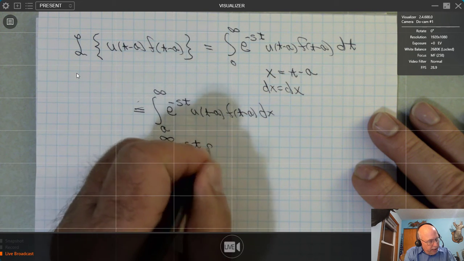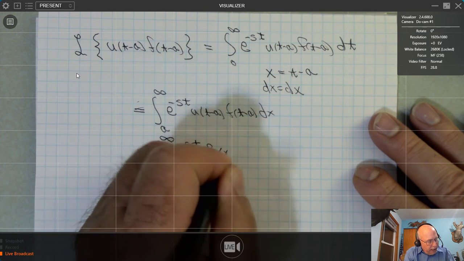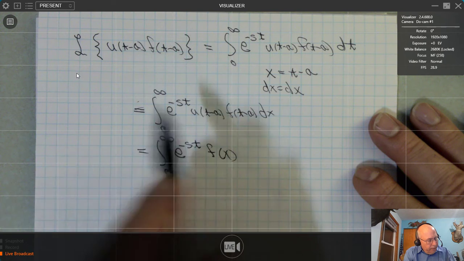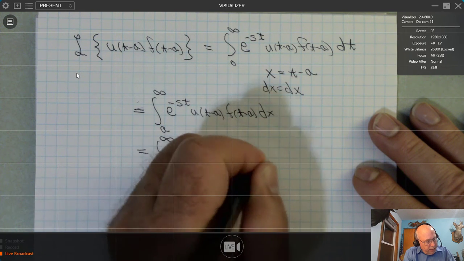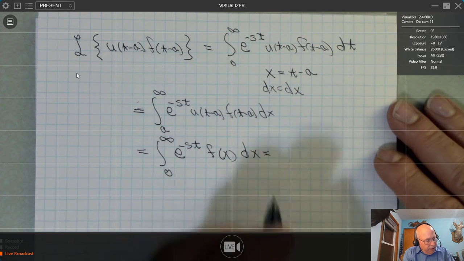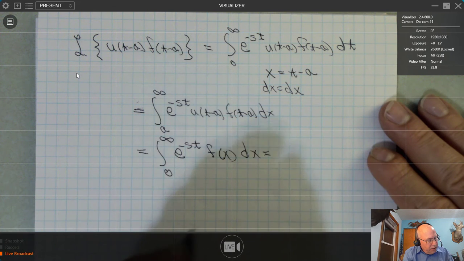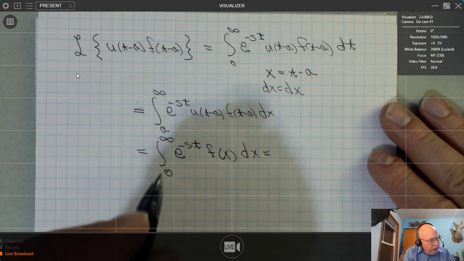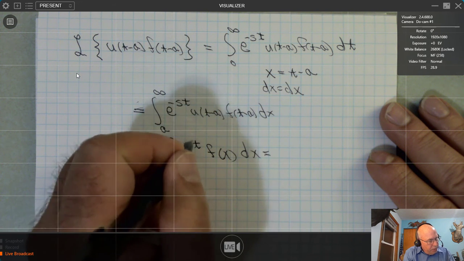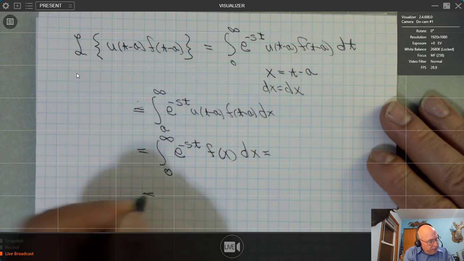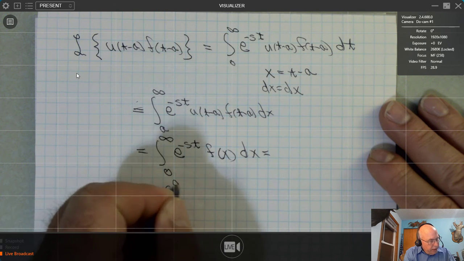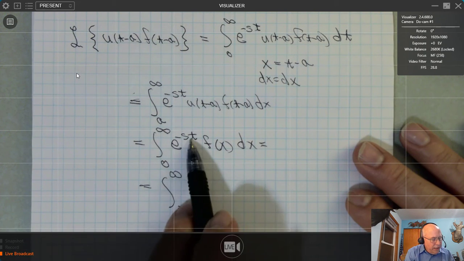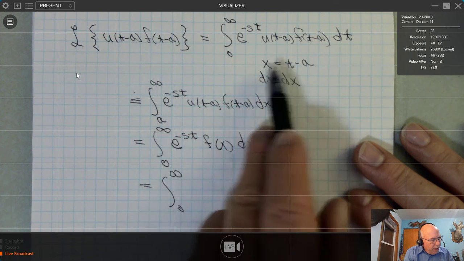And this then is f at x. That's just a 1, right? So you get this, which is nothing other than the Laplace transform of f. However, we have left a little piece undone here. This is true, but it's not done. That t should be replaced by x plus a.